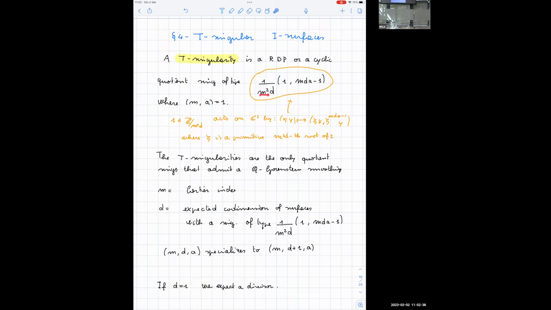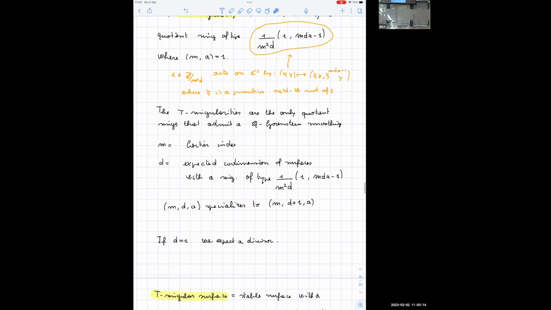And these numbers that appear in the definition have a geometric meaning. m is the Cartier index, the smallest integer such that m times the canonical class is Cartier. And d is the expected dimension of surfaces with this type of singularities inside the moduli space. It's the dimension of the smooth component of the local deformation of the singularities corresponding to QGorenstein smoothings.